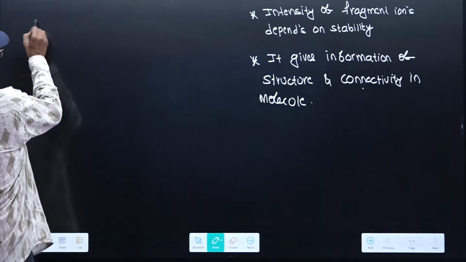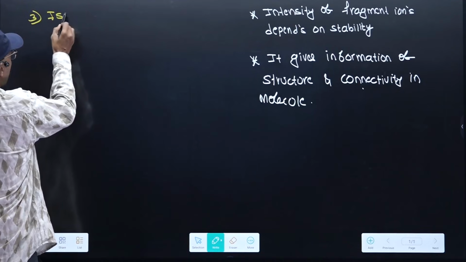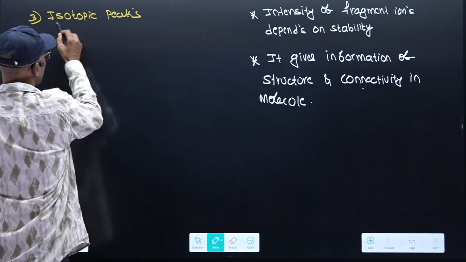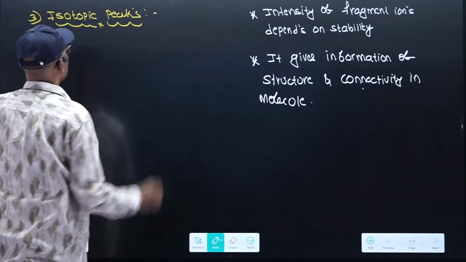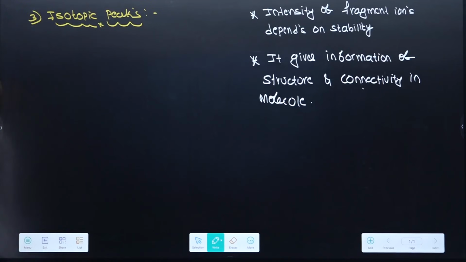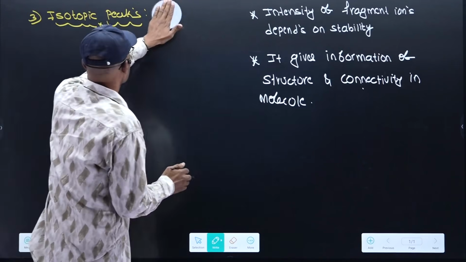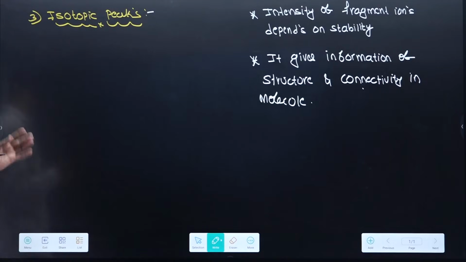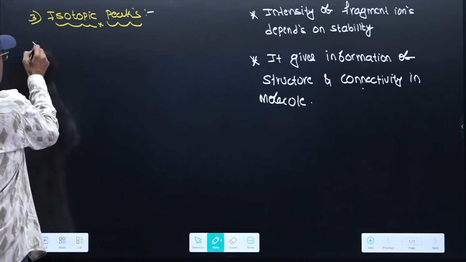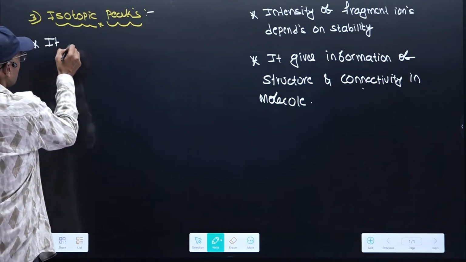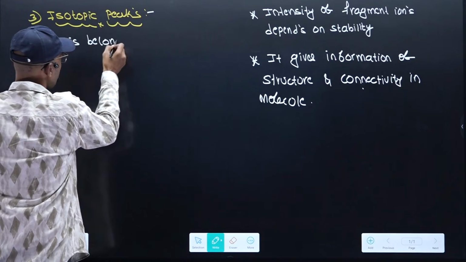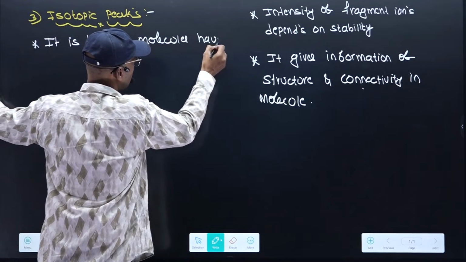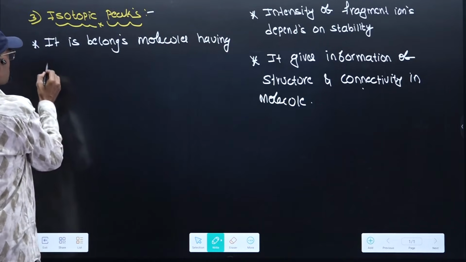Next, the third one: isotopic peaks. Isotopic mass peaks we are learning. Where are they represented? Isotopic peaks belong to molecules having heavier isotopes.